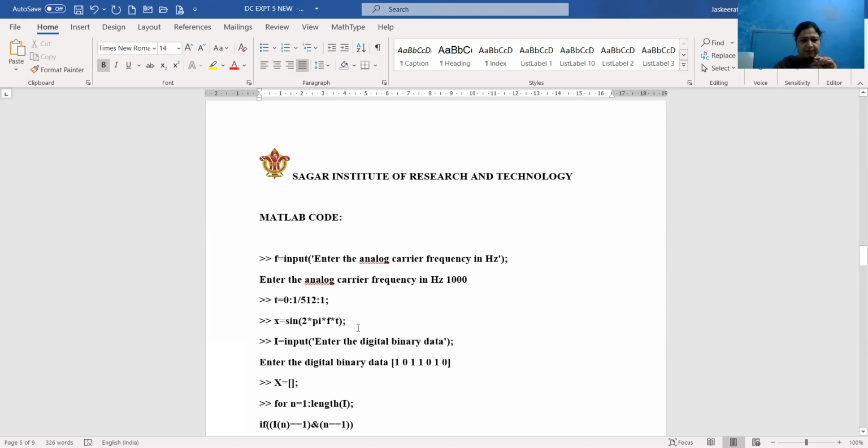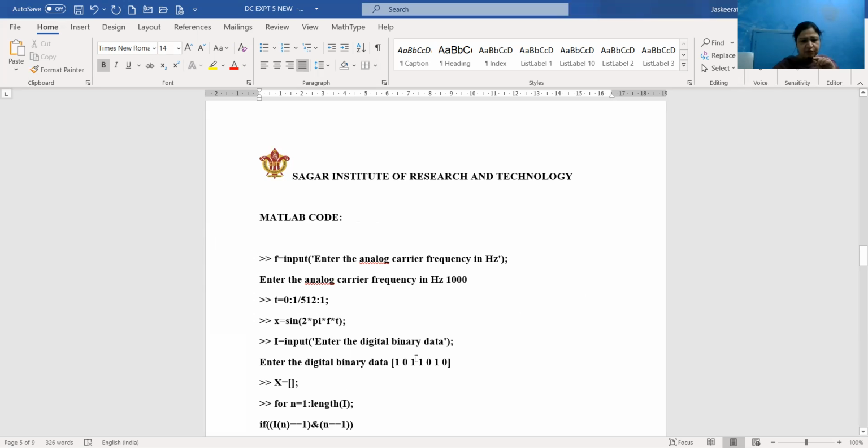Then I'll represent the carrier signal, which is given by x = sin(2*pi*f*t), where f is the carrier frequency mentioned in the first command. And this is a carrier, which is a sinusoid of higher frequency.